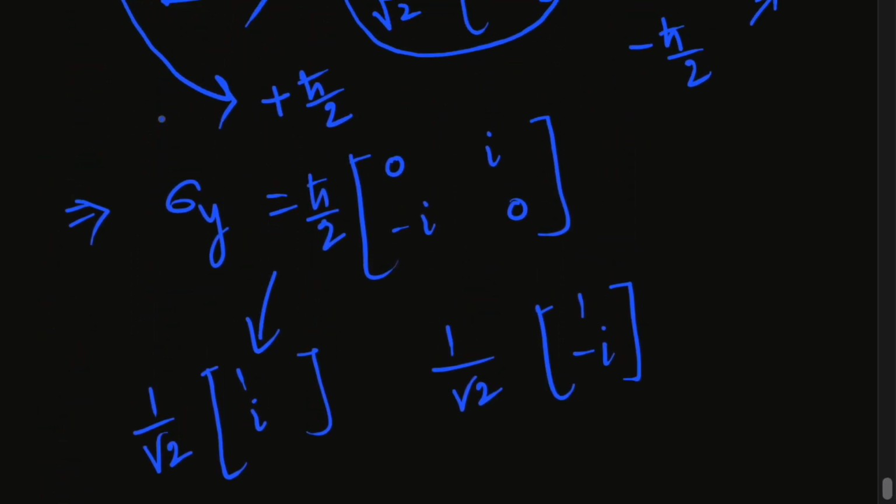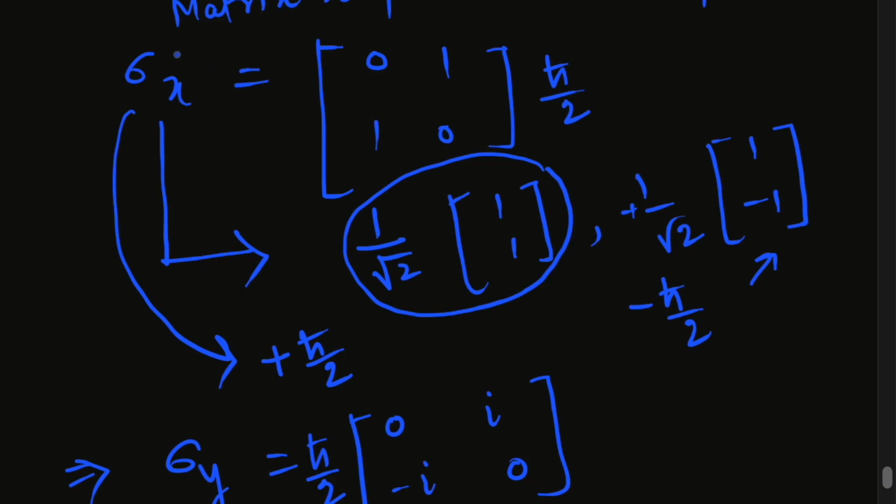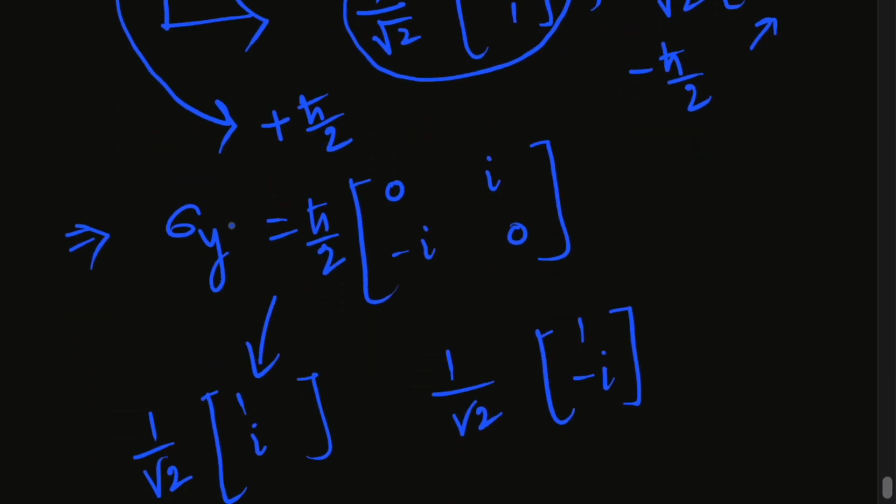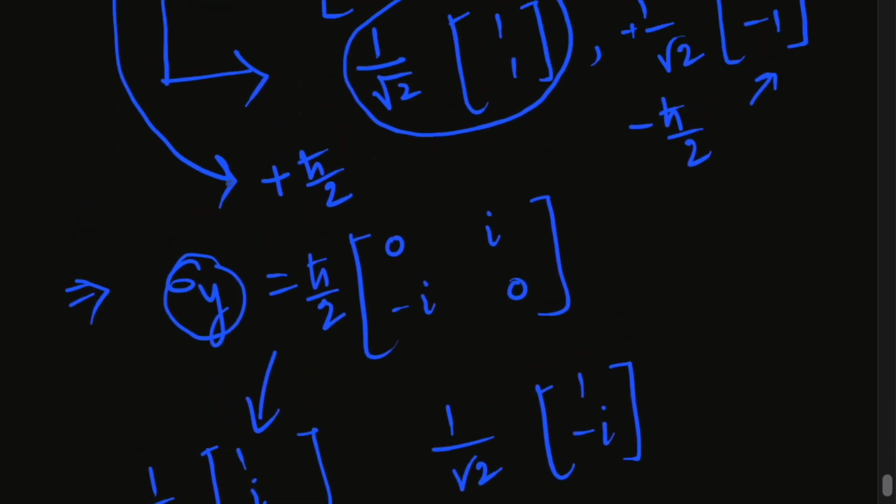We can write eigenstates of sigma x or sigma y in terms of sigma z.